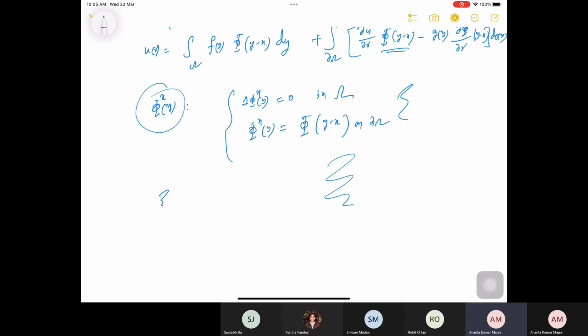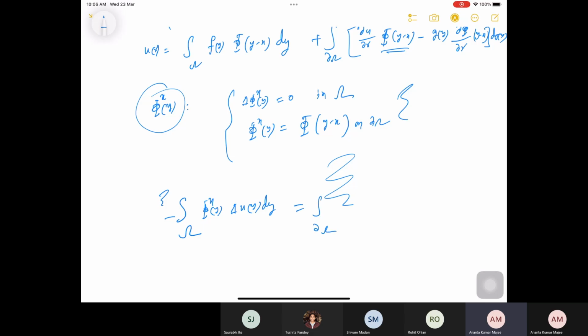Using Green's formula, I have the integral over omega of phi x y times Laplace of u y dy. Because Laplace of phi x of y is equal to 0, harmonic, I can write these things down.